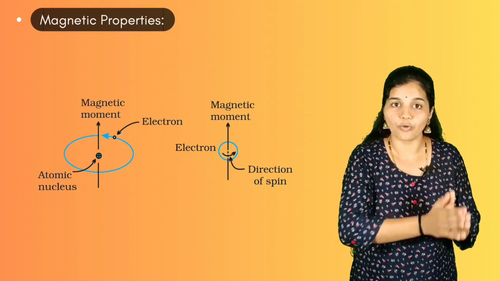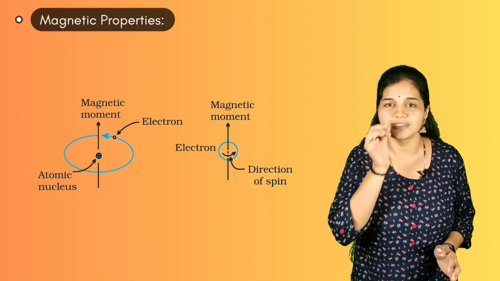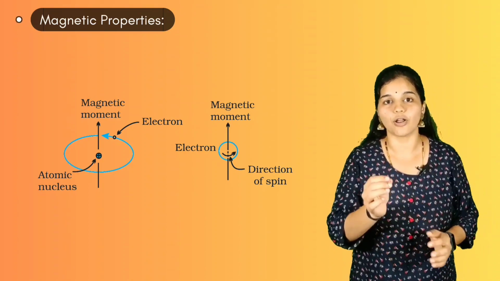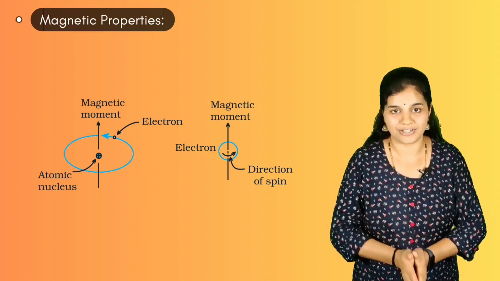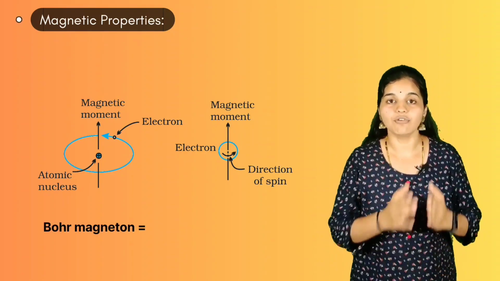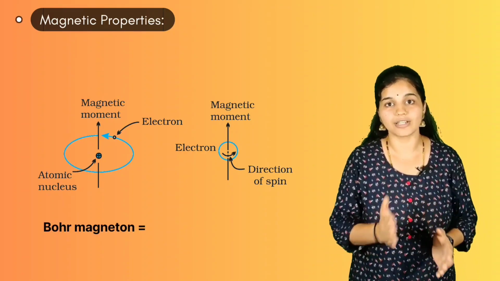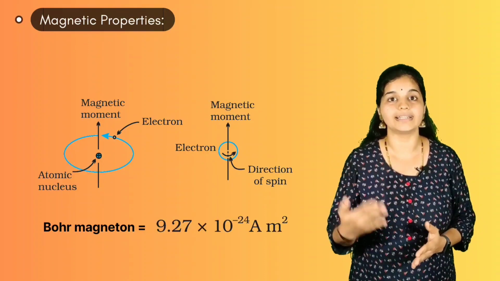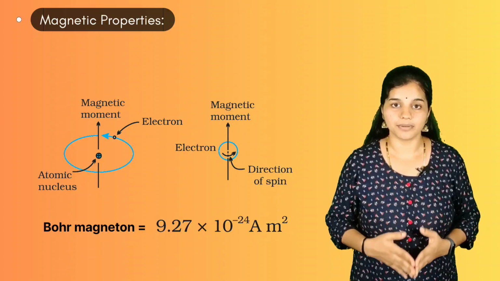The magnitude of this magnetic moment is very small and is measured in the unit called Bohr magneton. One Bohr magneton is equal to 9.27 × 10^-24 amps per meter square. Now let us discuss the classification of substances based on these magnetic properties.